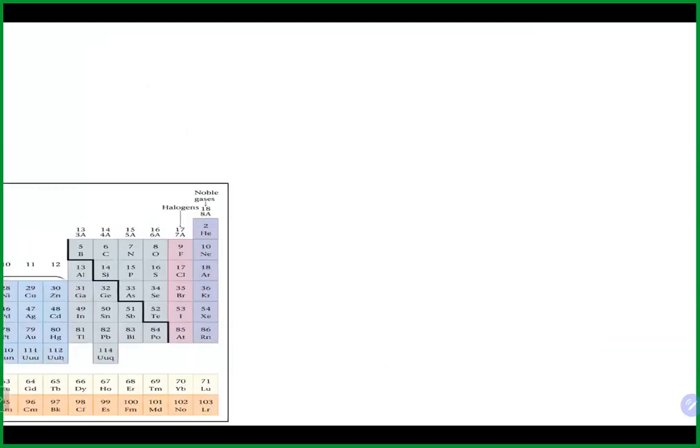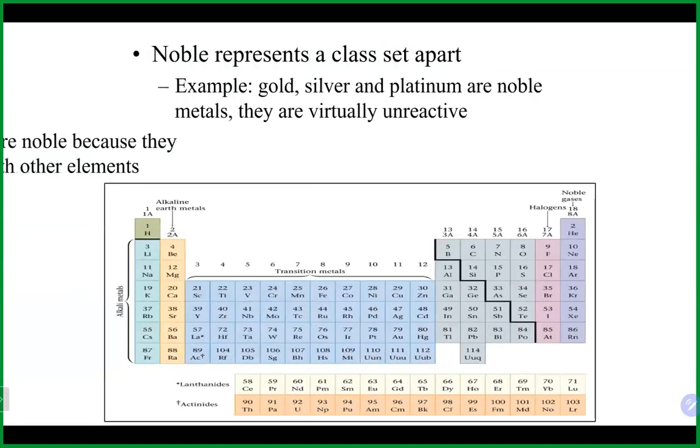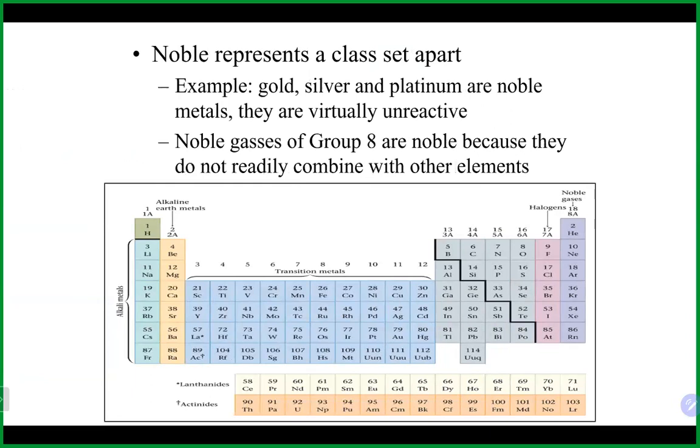So let's talk a little bit about the natural states of atoms. In addition to noble gases, there are some noble metals, and gold, silver, and platinum are noble metals. They're virtually unreactive. You could hit gold with some nitric acid and it isn't going to do anything. That's how they test sometimes. If it is real gold, they put some nitric acid on it, and if it's still there, then congratulations, you have gold.